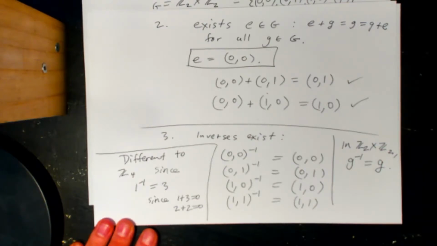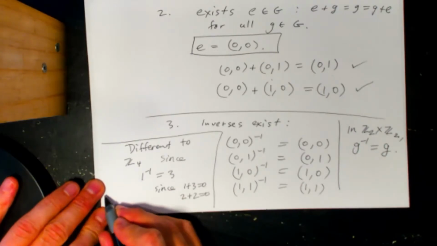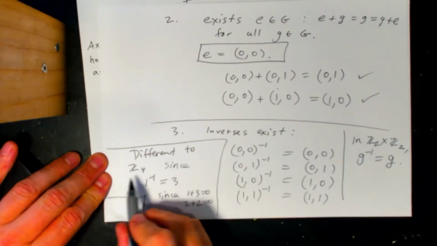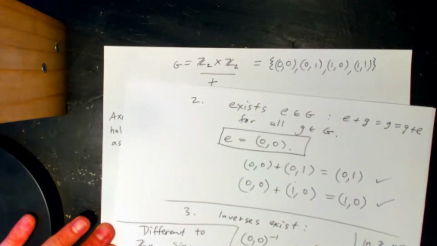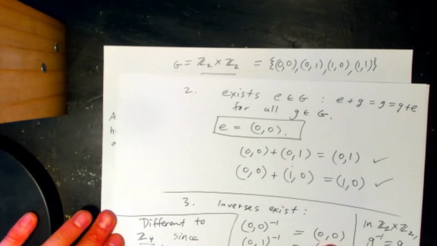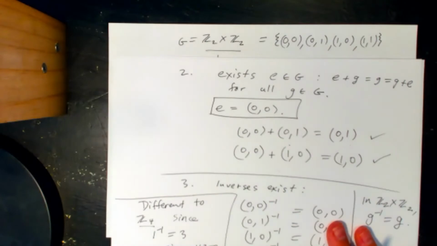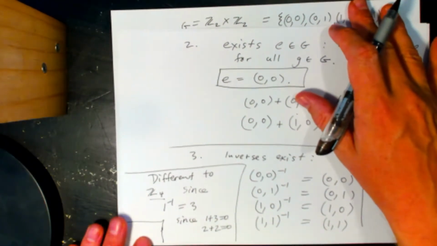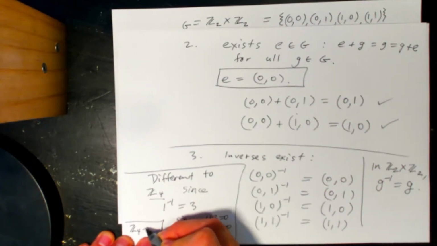Okay, so what we say then is that these two, this group and this group here, do not have the same structure, the same algebraic structure, but they do have the same order, right? So same order but different structure. So we'll say that these are not isomorphic to one another.